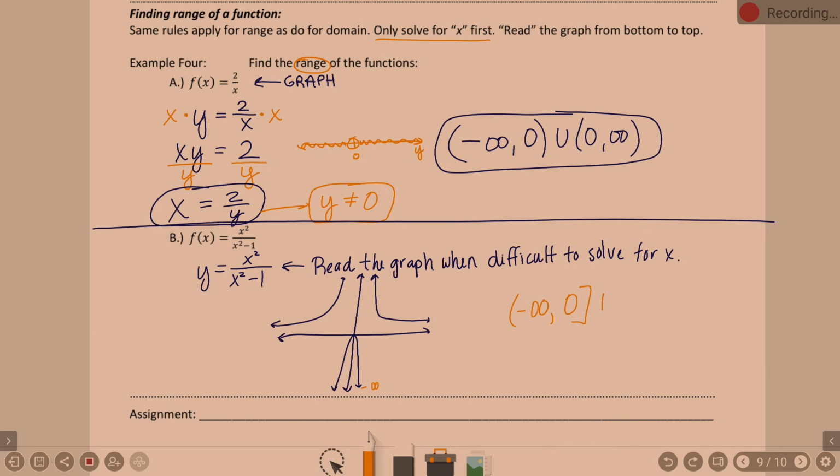Union. Now, what's the next y value that becomes important? 0. Well, it's close to 0, but it's not touching 0. Like on the last one, where we would read it as close on the lines to 0, but it's never going to touch 0.